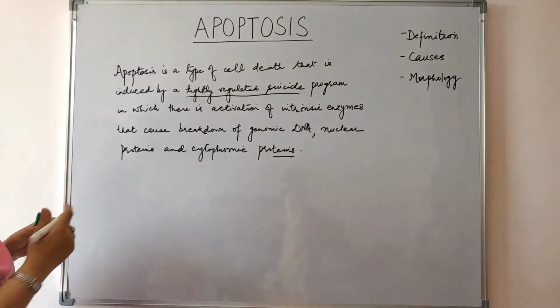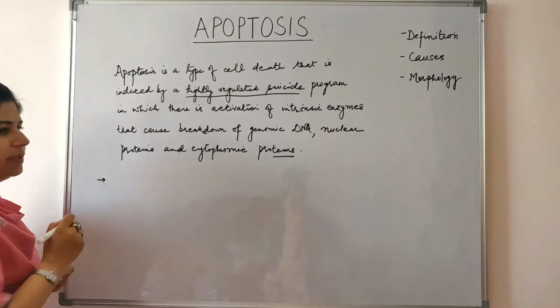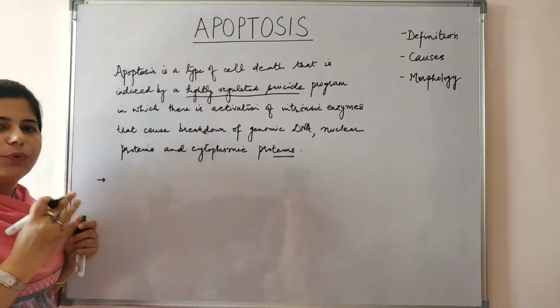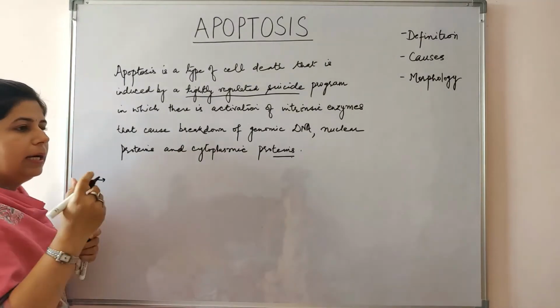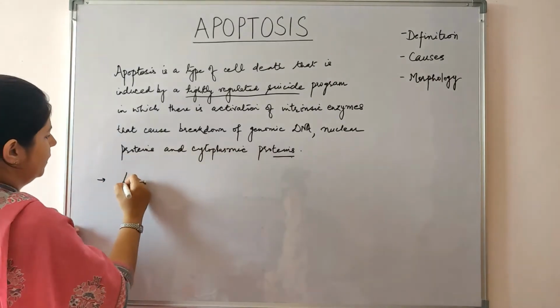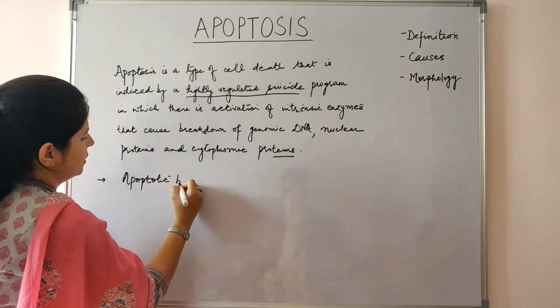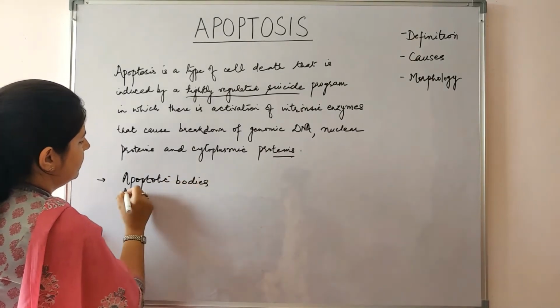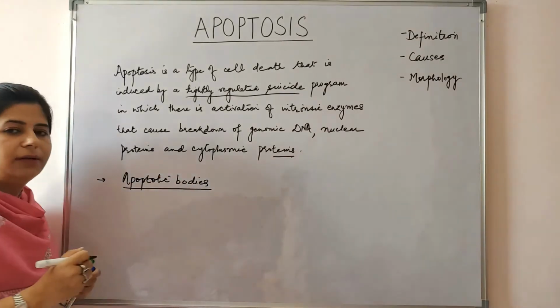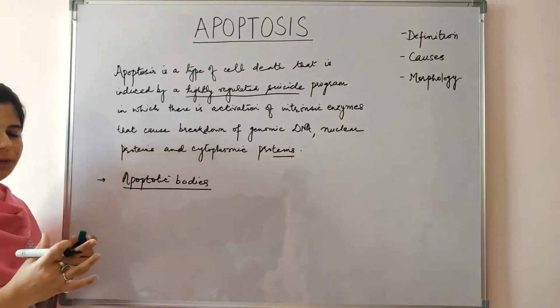So in apoptosis, the cell is broken down into apoptotic bodies. What are these bodies? These are nothing but cellular fragments, fragments of cells.